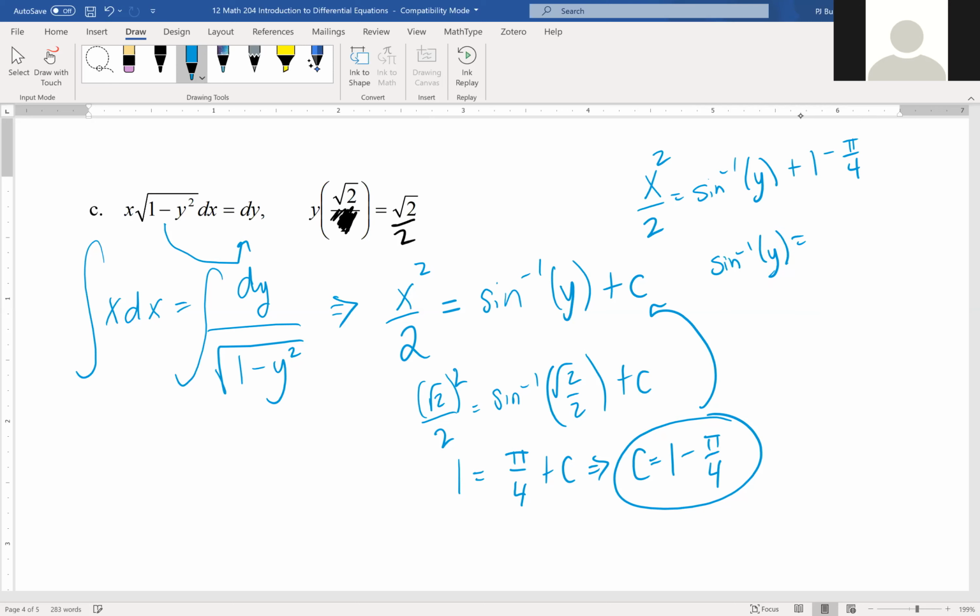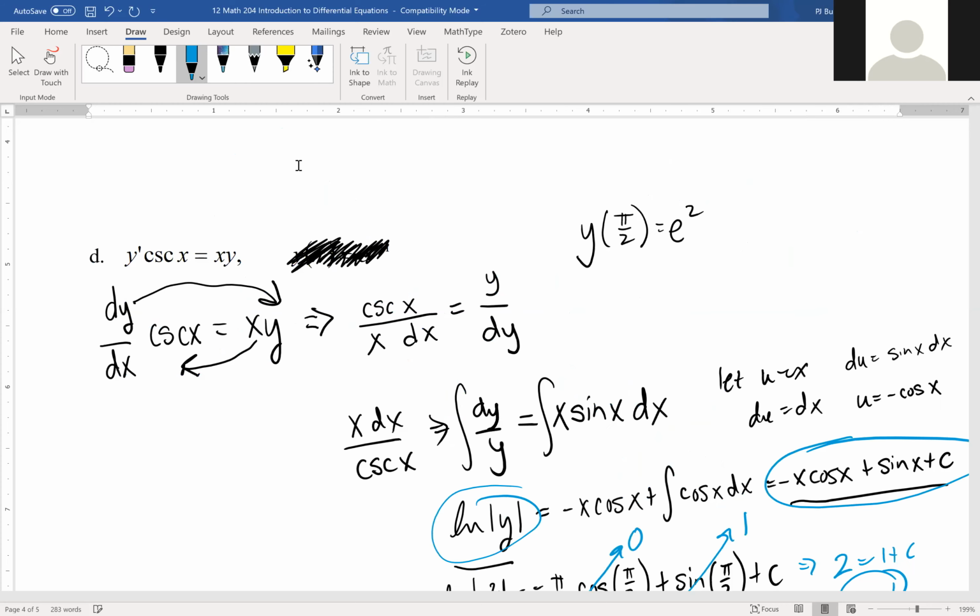So I'm just going to move everything to the other side of the equation. And then to get y by itself, you would just take sine of both sides. Again, sine and inverse sine are inverse functions. So if you take sine of the inverse sine, they cancel. Why'd that move?